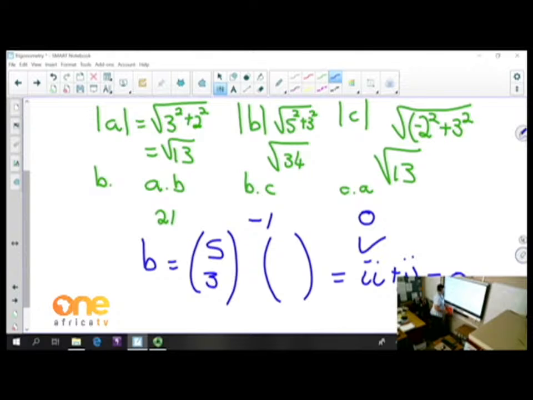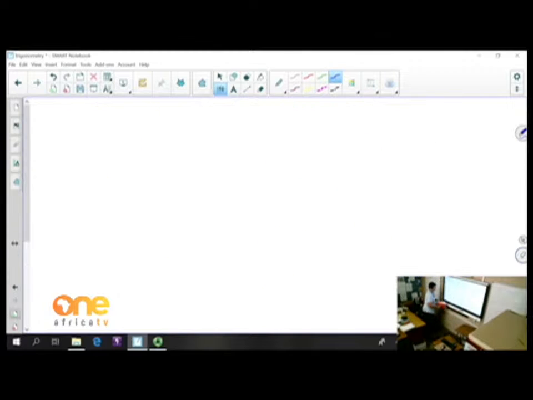So when will I get that? -3, +5. Because then you have -15 plus 15, and that will give you the 0. There's more than one possibility, because this can also be +3 and this one can be -5, but that will give you that answer there.